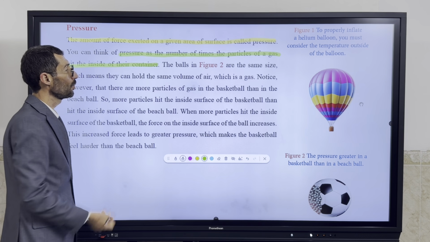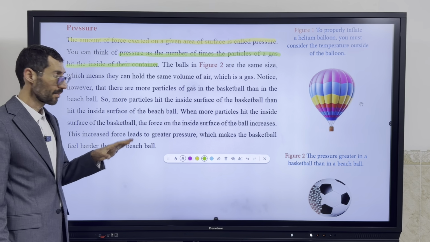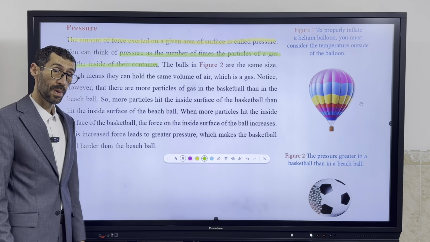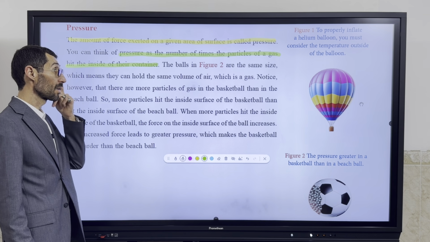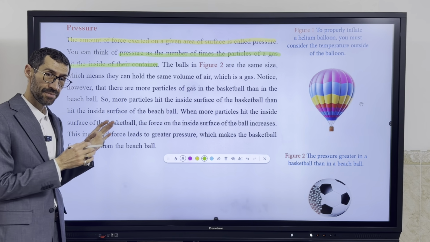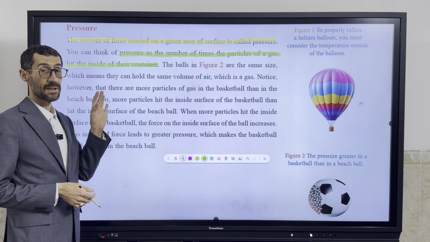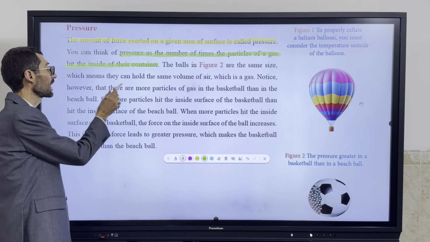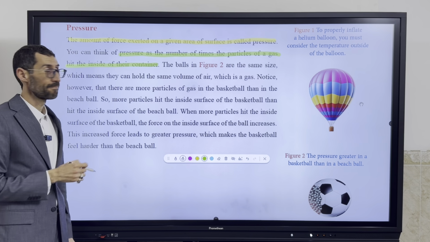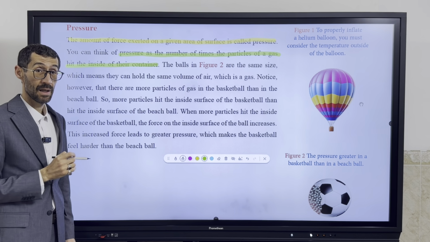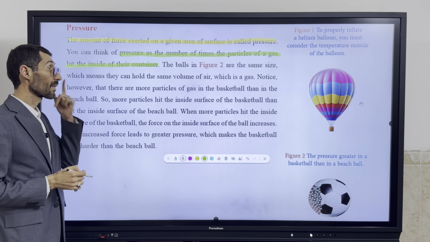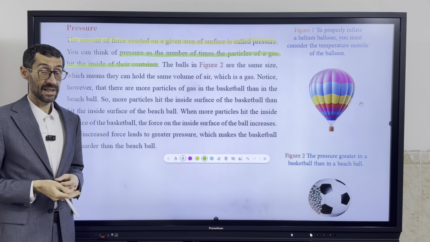The balls in figure 2 are the same size. I want to show you two balls, but let me read it, and after that I'll break it down for you. It says the balls are the same size, which means they can hold the same volume of air, which is a gas. What do you understand from this line?